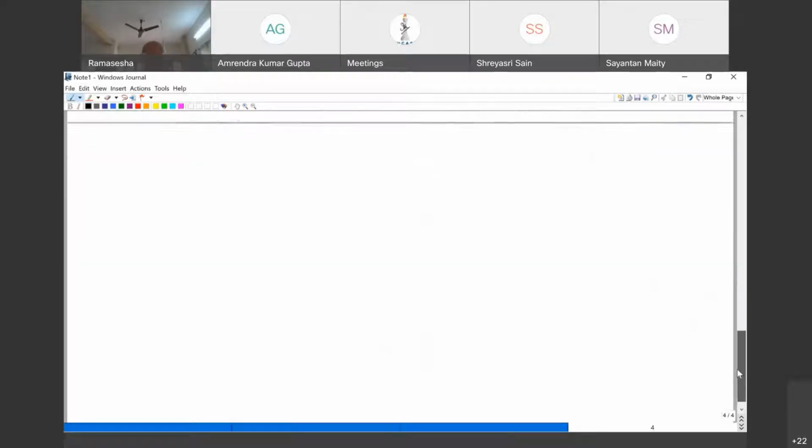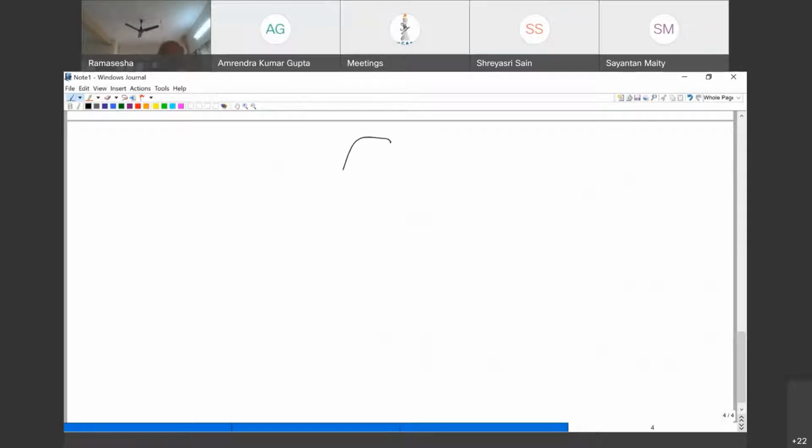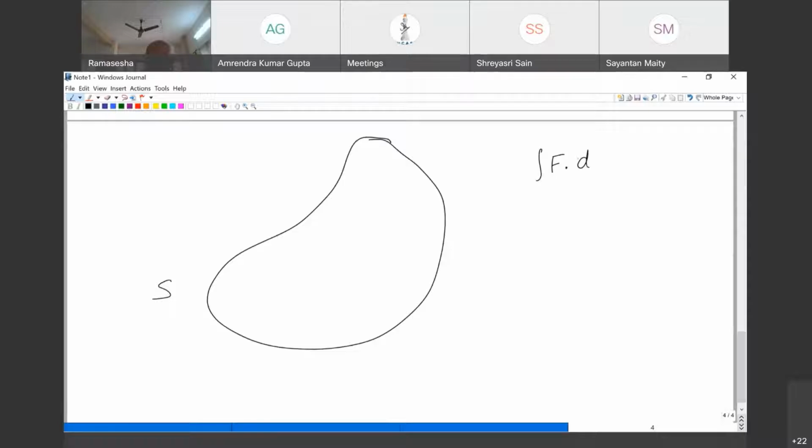Now let us see how we can find that out. I have a surface here and I'm trying to calculate the integral of F dot dS. Let me call this integral I. The surface has no direction, so let me not put any arrow here; if it was a curve, I would have to.